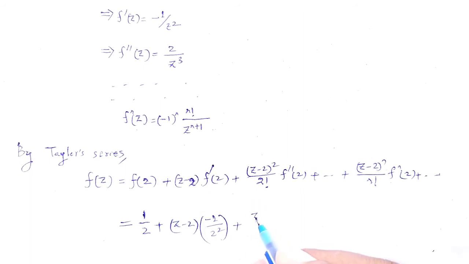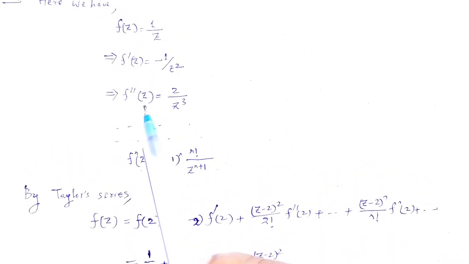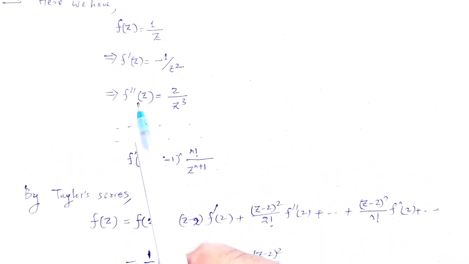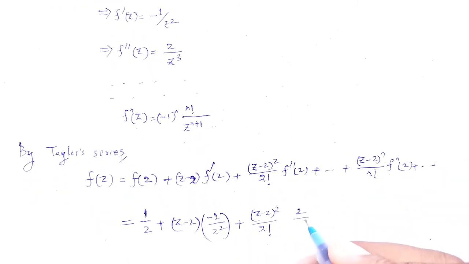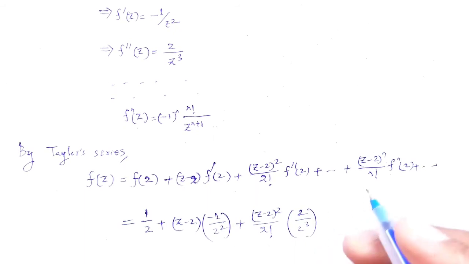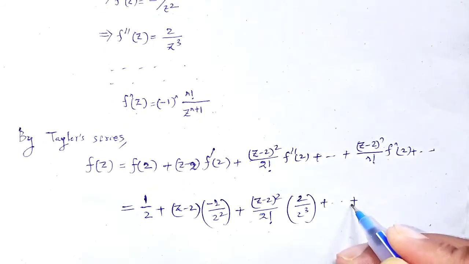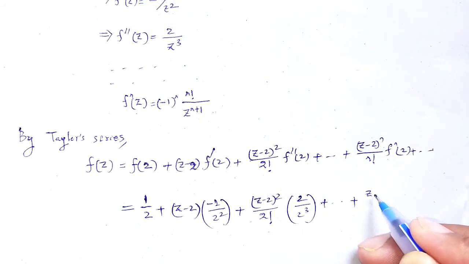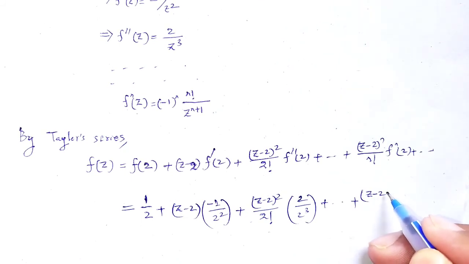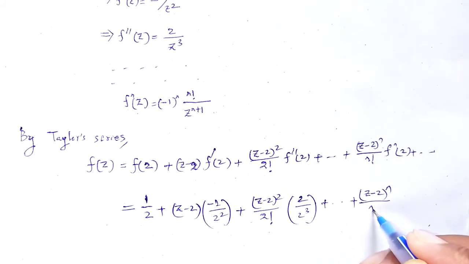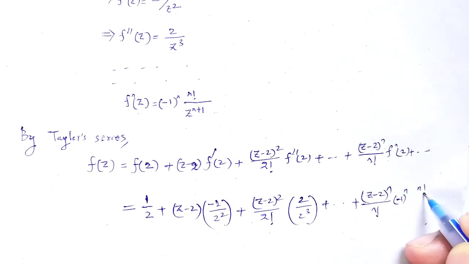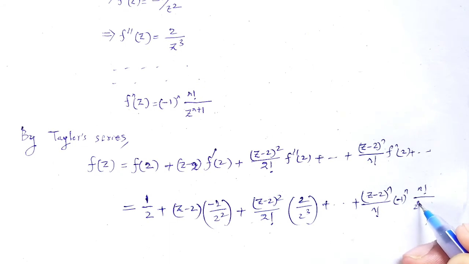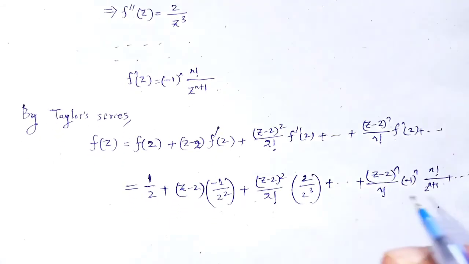plus z minus 2 square divided by 2 factorial f double dash at 2. In place of z we substitute 2, so we have 2 divided by 2 to the power cube plus dot dot dot up to nth term z minus 2 to the power n divided by n factorial times minus 1 to the power n factorial divided by 2 to the power n plus 1 dot dot dot.